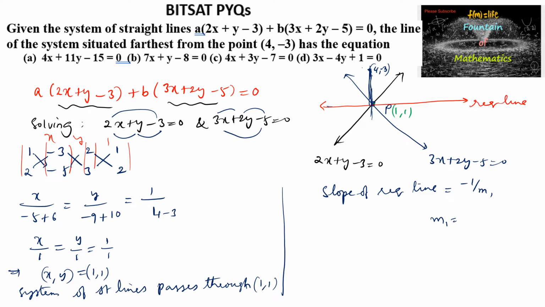By using the two points 4 comma minus 3 and 1 comma 1, the slope is y2 minus y1, that is 1 minus of minus 3 divided by 1 minus 4, which is 1 plus 3, 4 upon minus 3. Then the slope of the required line can be taken as 3 by 4.